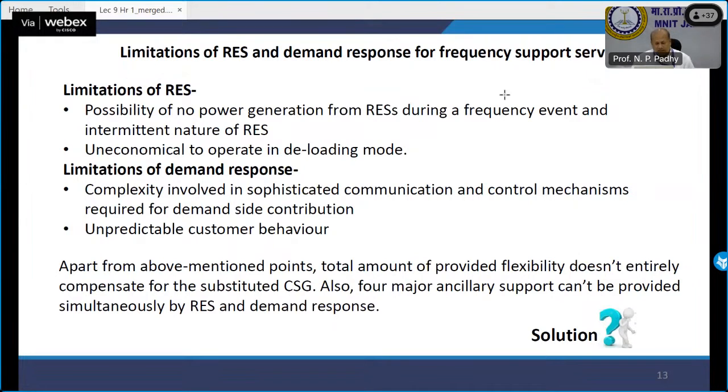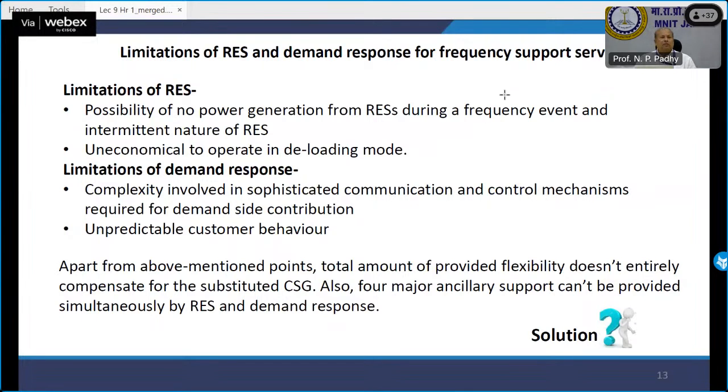Limitation of RES and demand response for frequency support services. Possible no power generation from RES during a frequency event, and the intermittent nature of renewable energy sources. Uneconomical to operate in deloading mode. Am I right? To support frequency, I cannot deload my renewable and switch on something else.